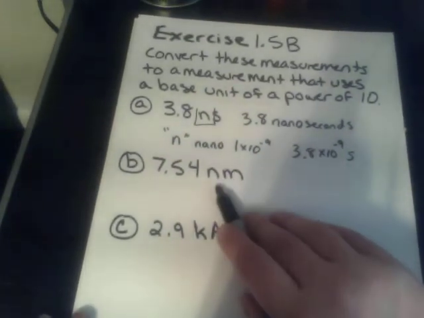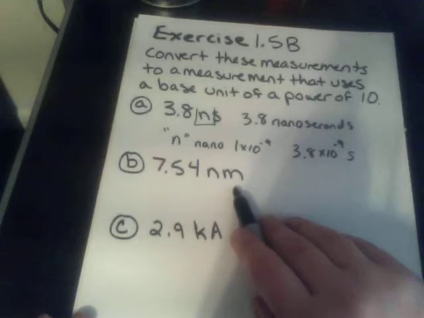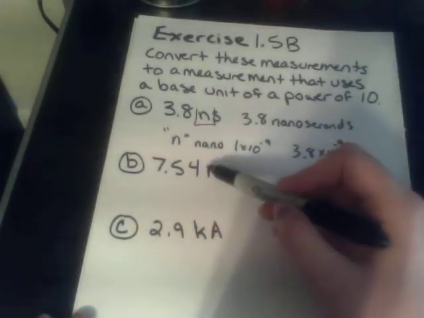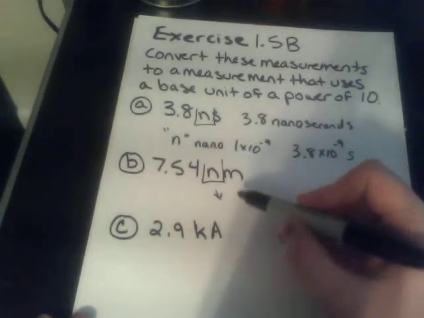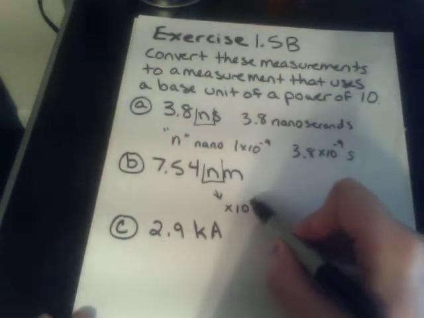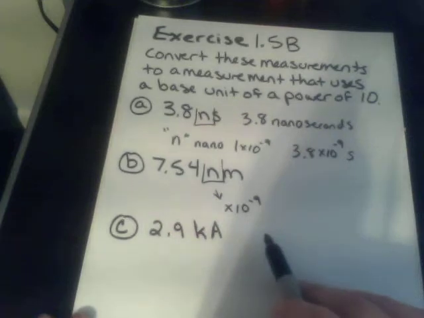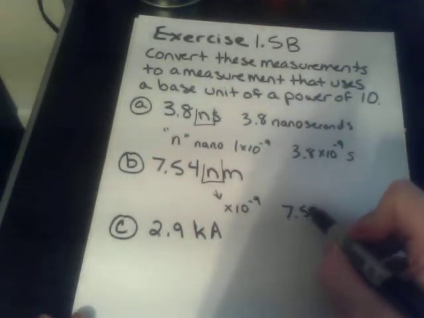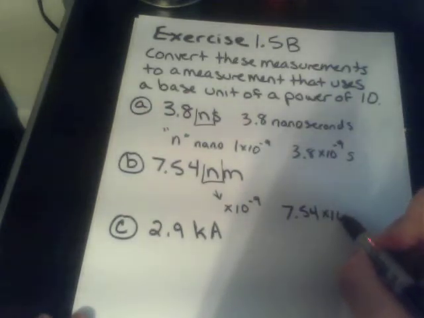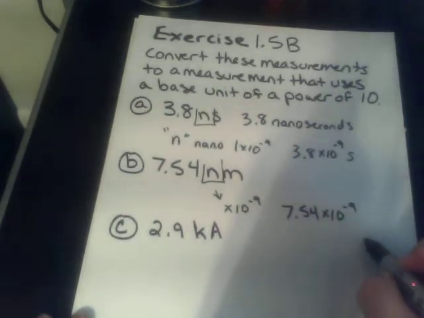Oh, they gave us another n for nanometers, right? So same thing. The n, you can think of it as being replaced by what? Times 10 to the negative 9. Same thing. So right here it would be 7.54 times 10 to the negative 9 meters.